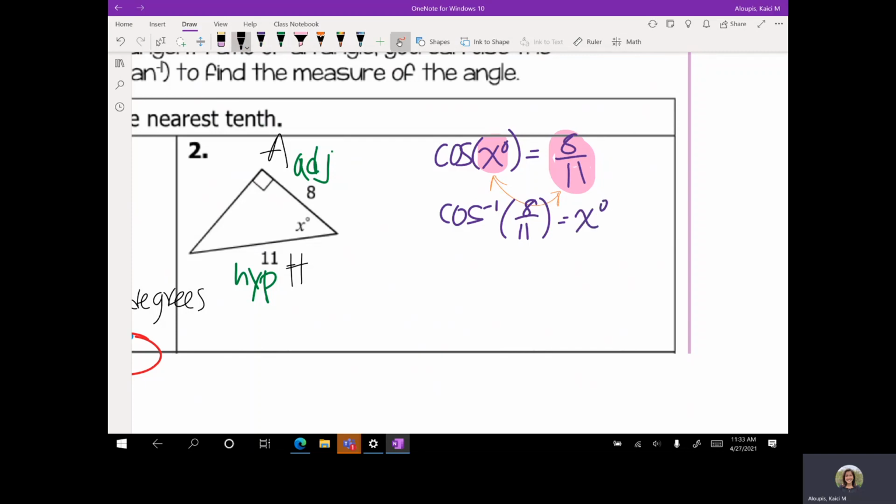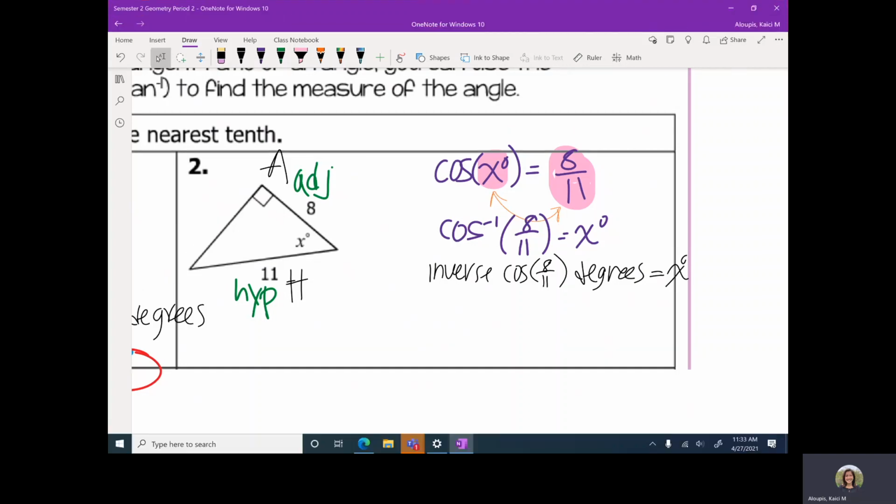So in your calculator, you can do inverse cosine of 8 over 11 in degrees, which is equal to the value of our x angle. I'm going to show us how to use a phone calculator.